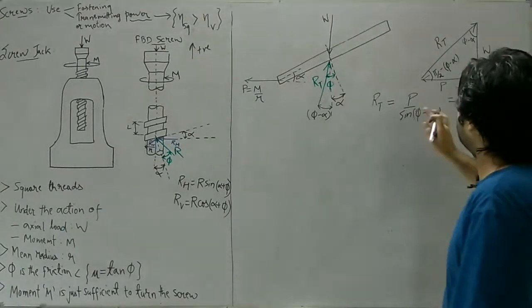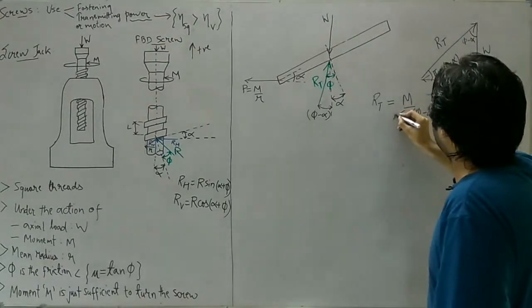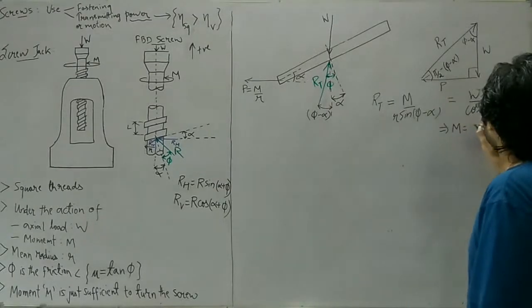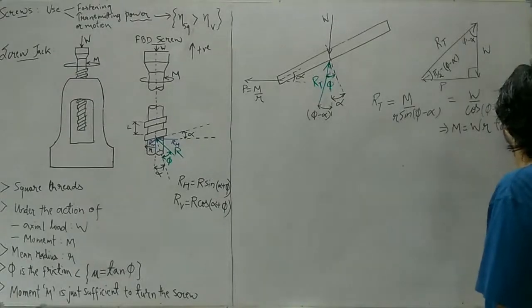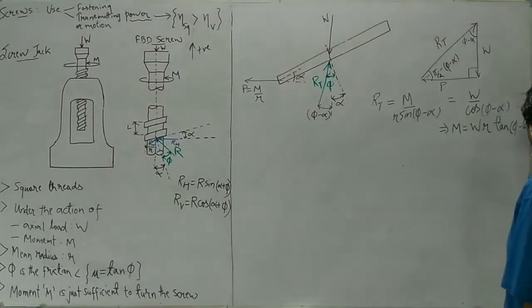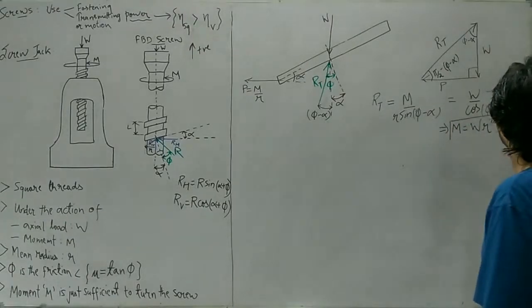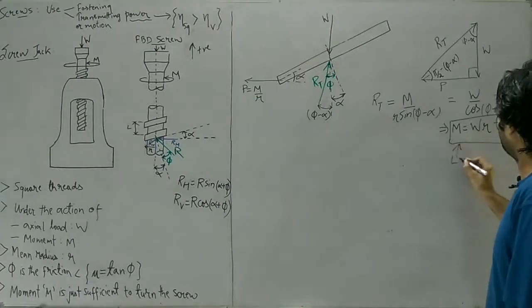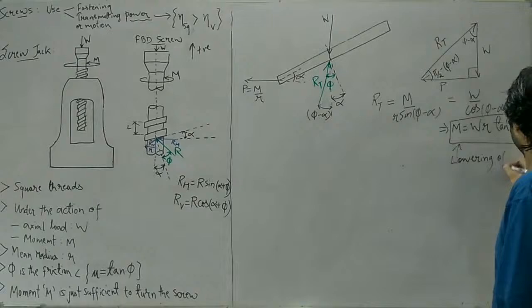Now we know that P is nothing but M by r, so we write it here only. This is M by r. So this implies that M is equal to W r tan phi minus alpha. Okay. So this is for lowering of the load.